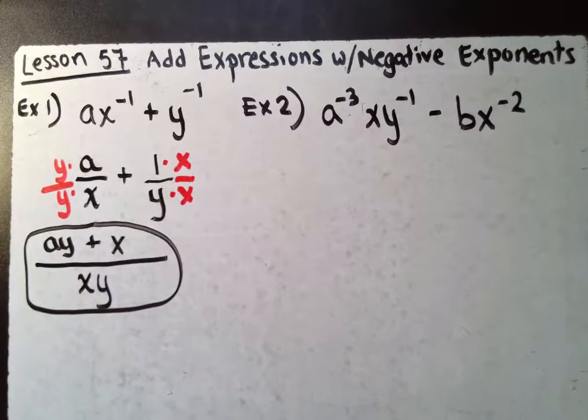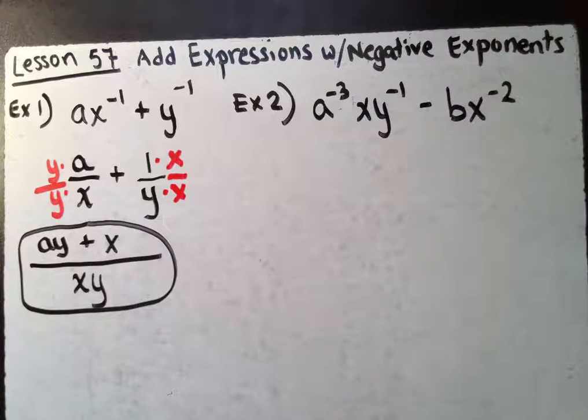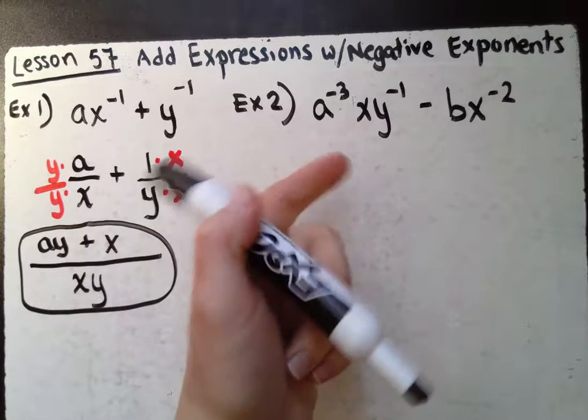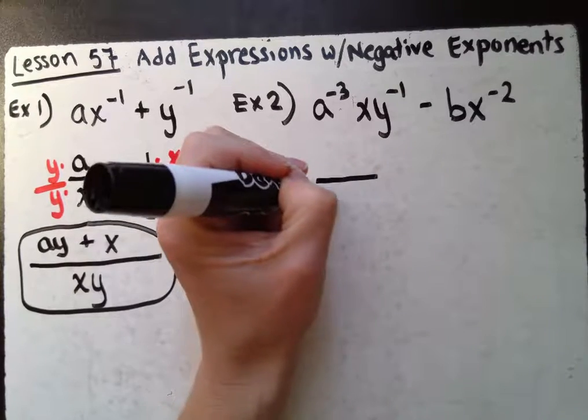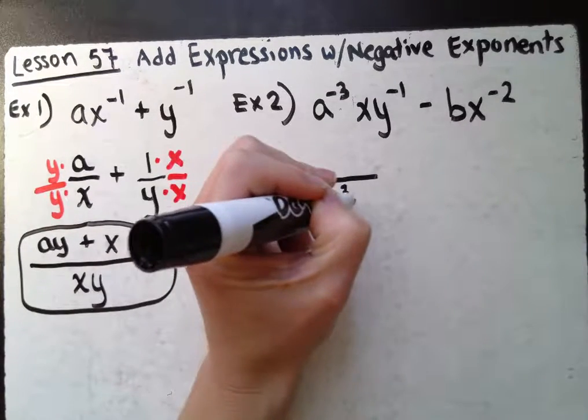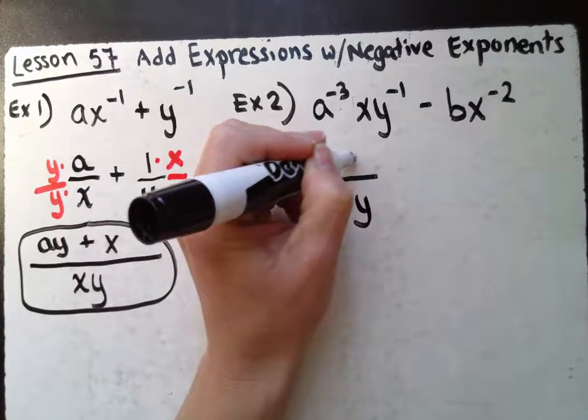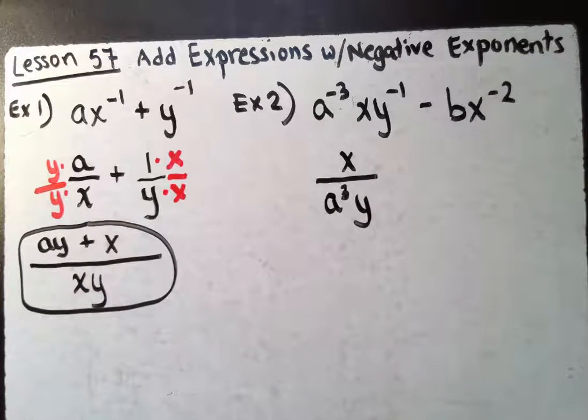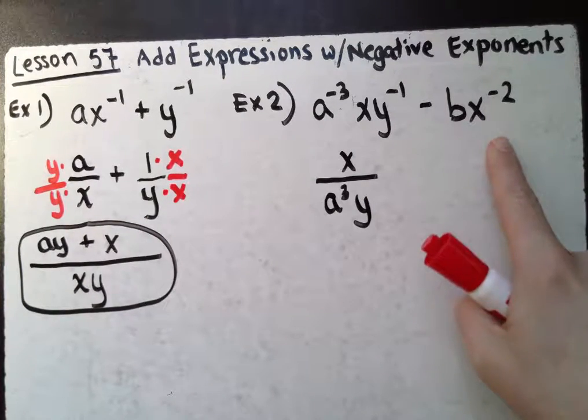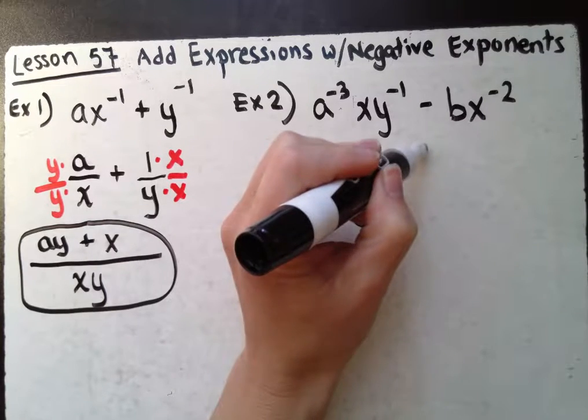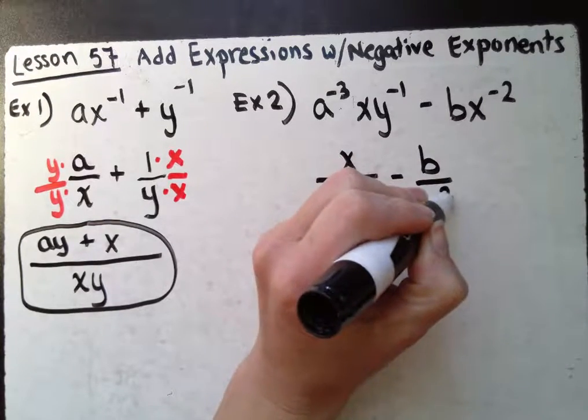So this one's a little more complex, but we're going to do the same thing. First, we need to rewrite the expressions with positive exponents, which means the negative ones have to go into the denominator. So a to the positive third now, and y, and then the x stays on top for the first one. For the second one, we just put the x squared on bottom, minus b over x squared.